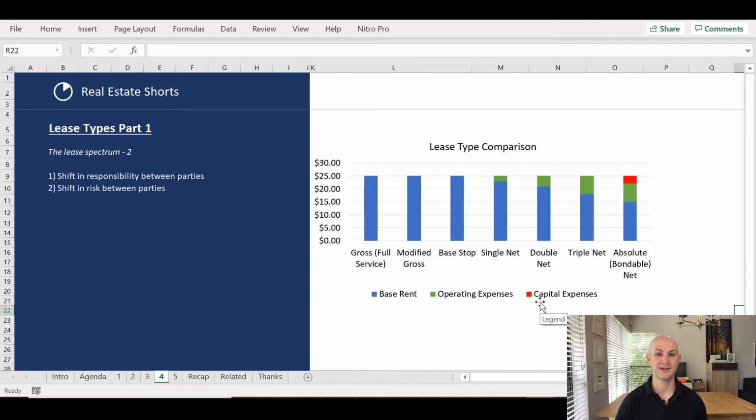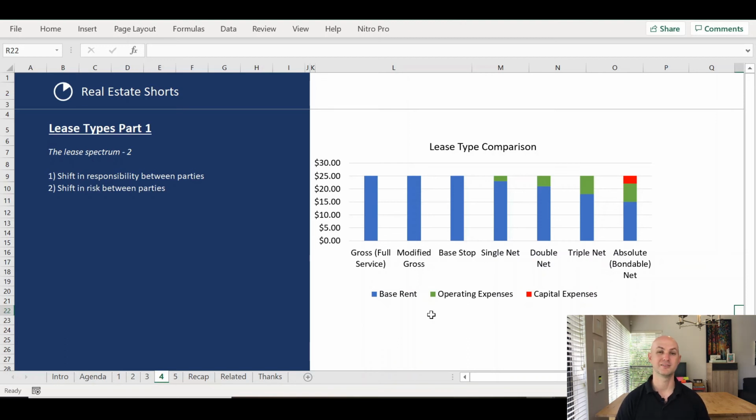The ones that get a little hazy are modified gross and base stop, and these are a variation of a sharing of expenses through time. And so again, we'll speak a lot about these in another video.